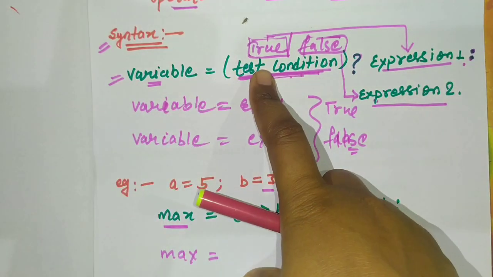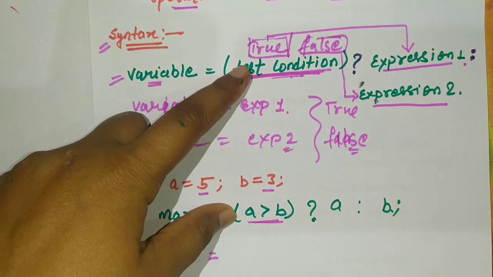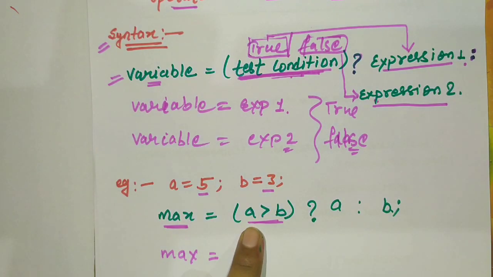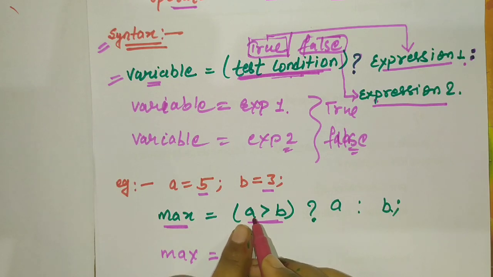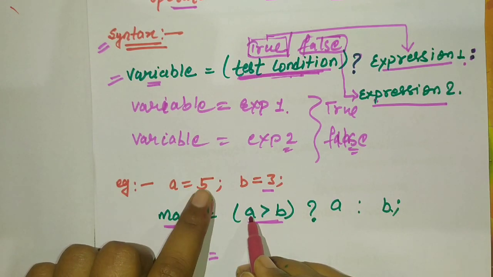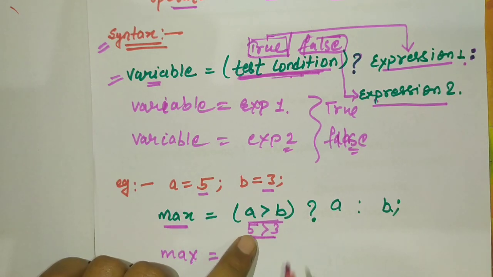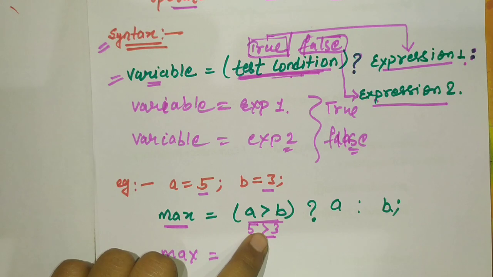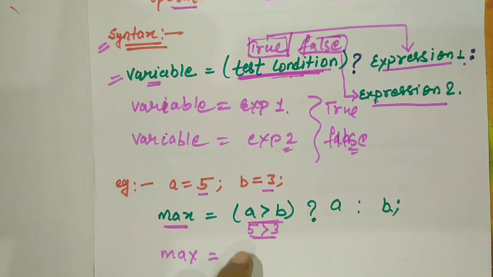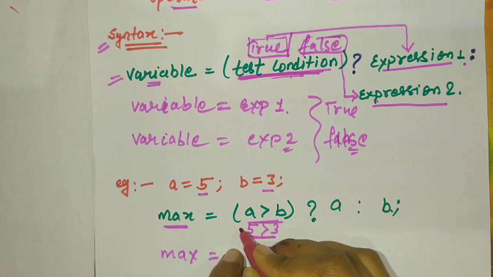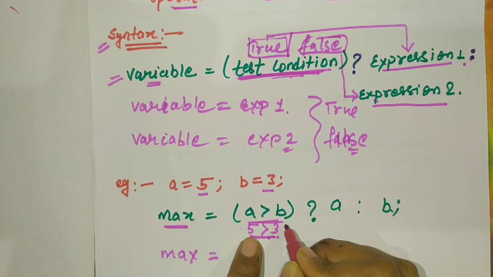Let's check whether the condition is true or false. The value of a is 5, so we write 5 greater than the value of b, which is 3. Is this true or false? 5 is always greater than 3, so this is true.